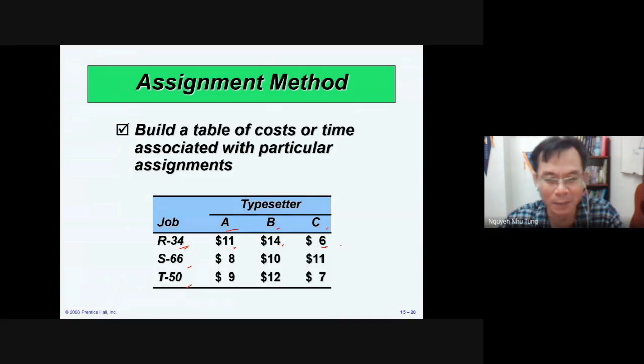But is there any systematic method to solve this kind of assignment problem? Yes, there is a procedure. So now you're going to learn that procedure.